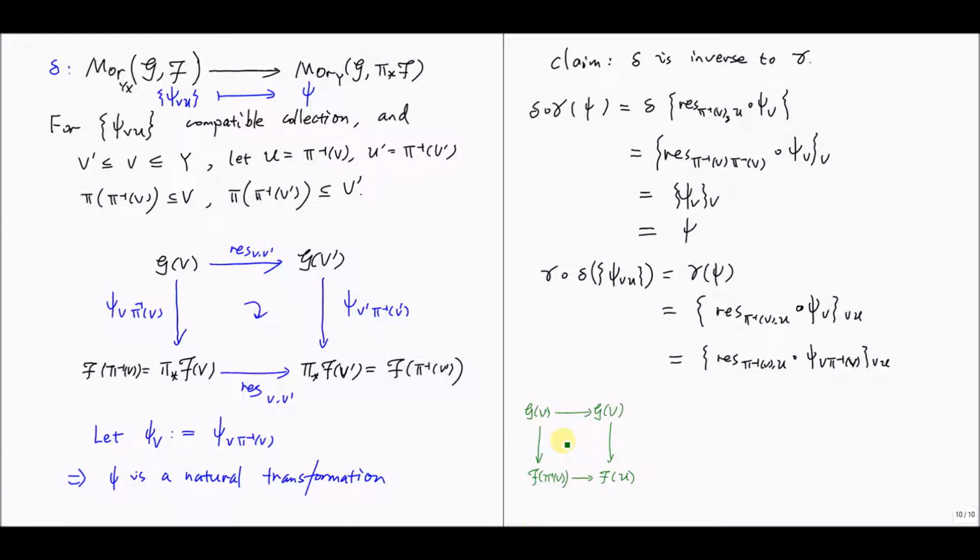Since this diagram is commutative, it will be equal to this composition, which is psi VU composed with restriction VV, and this is identity. So we get what we started with. So delta is really an inverse to gamma, and we have established a bijection between them.